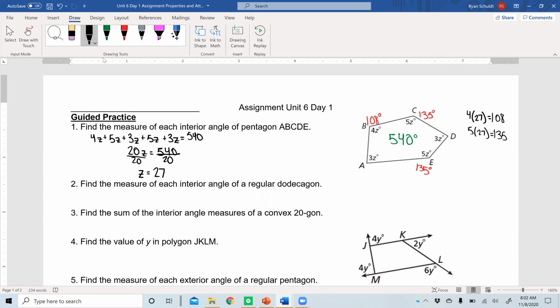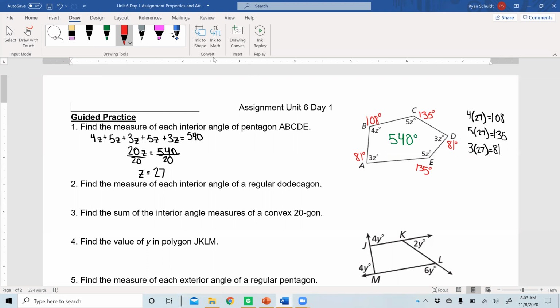And last but not least, D says 3 times 27, which will get you 81. So since D is 3z, D is 81 degrees. A is also 3z, so A has to be 81 degrees.